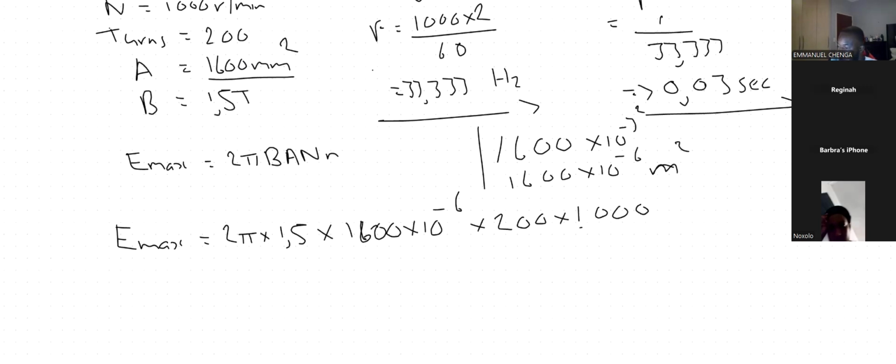You do this and then you find your maximum EMF: 50,265 volts. So that's how you calculate your Emax. And remember, I said you also have a different formula that you can use, guided by the given information.